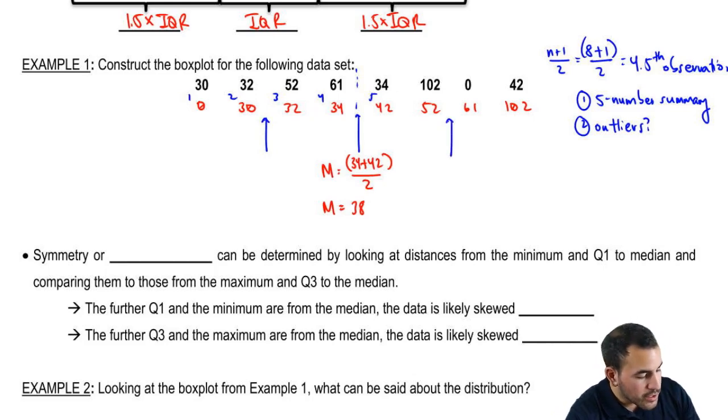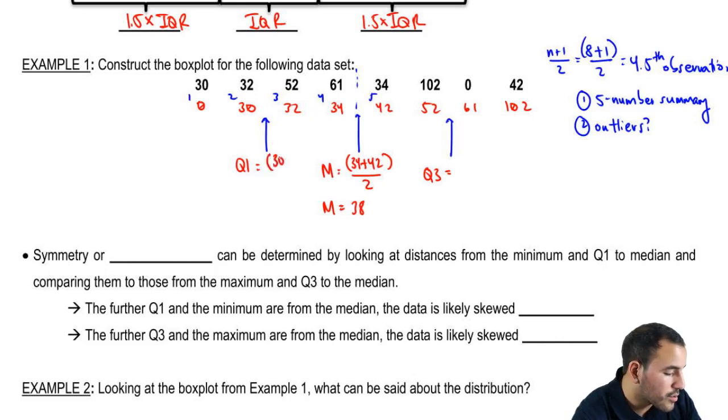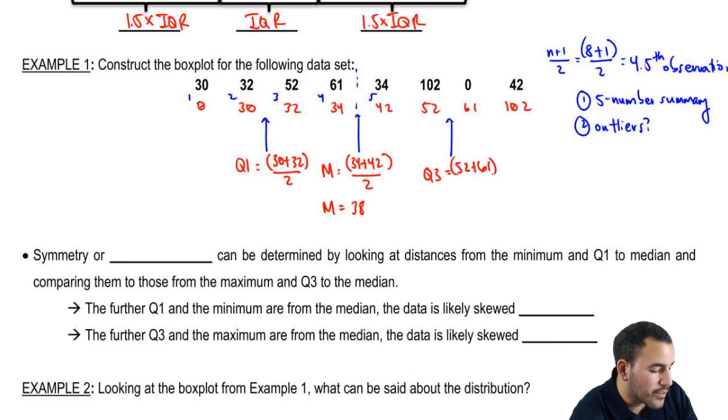If it's in between two, what do we do? The same thing we did for the median. Let's get an average. So Q1 is (30 plus 32) over 2, and Q3 is (52 plus 61) over 2. So Q1 ends up giving us 31, and Q3 is 56.5.